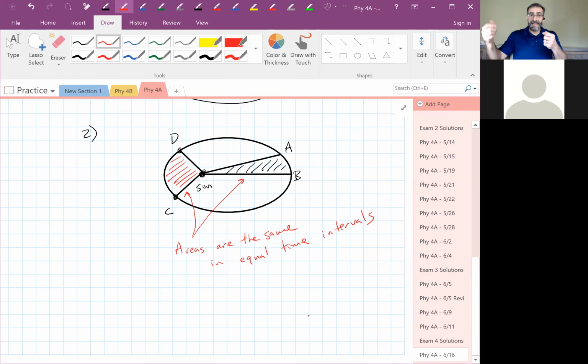So what's I? mr squared. As r gets bigger, it gets farther away, I gets bigger, and omega has to get smaller. When it comes in closer, I gets smaller, omega has to get bigger, like an ice skater putting their arms out or pulling their arms in. Conservation of angular momentum might also explain this. So now we have two other tools that we can use to derive and explain some of these things.